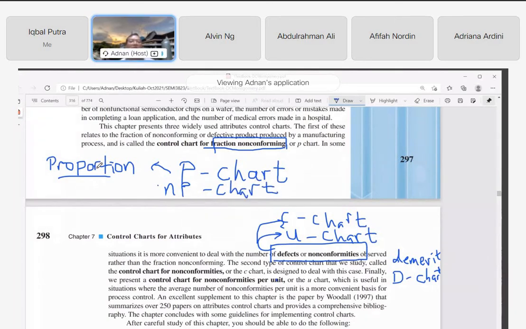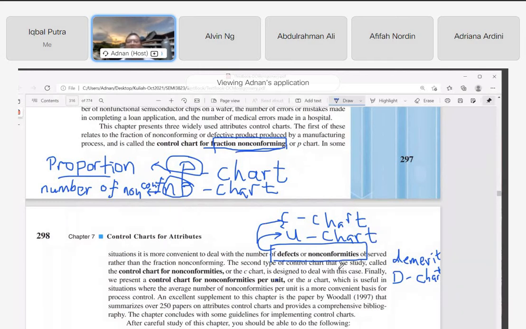P chart is proportion and NP is just the number of non-conforming, I mean, just counting the number of non-conforming. So this is the NP chart. If it's given in terms of proportion or fraction, we call it the P chart. So this is non-conforming.